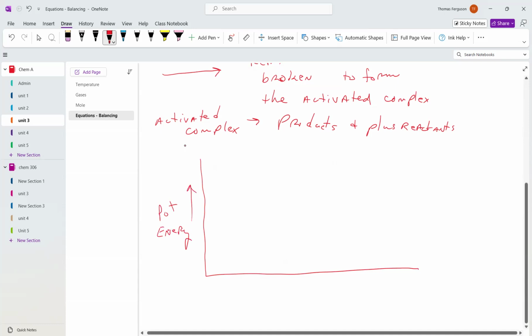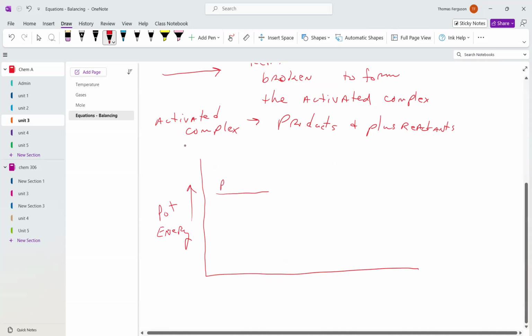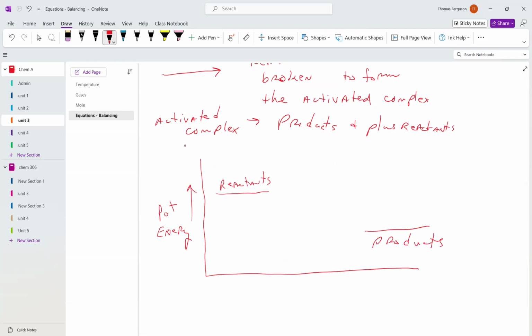We're going to graph potential energy against reactions, against reactant potential energy versus product potential energy.